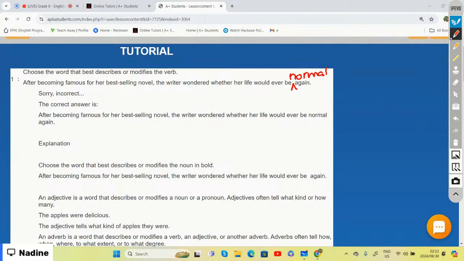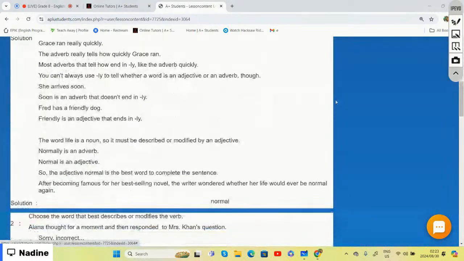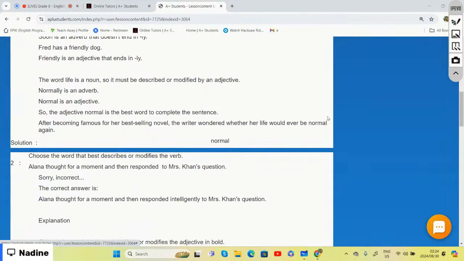So, normal again. And that is a word that modifies the adjective, because you see, the word normal is an adjective. And if we were to use the word normally, then it would be an adverb.